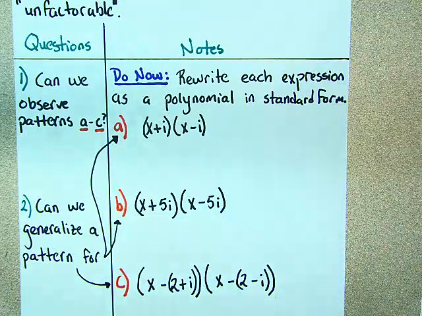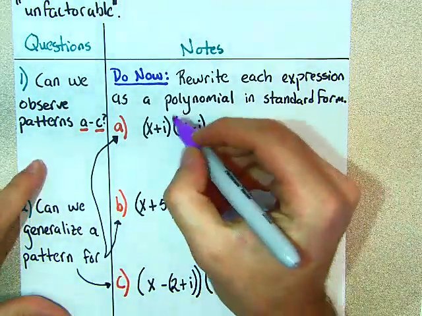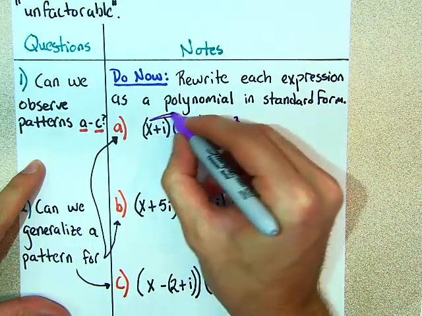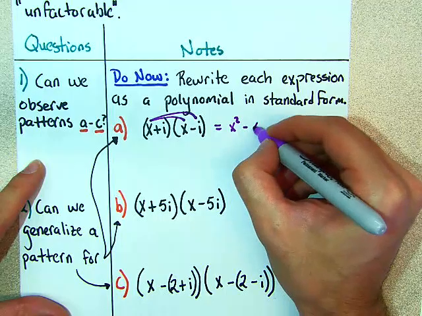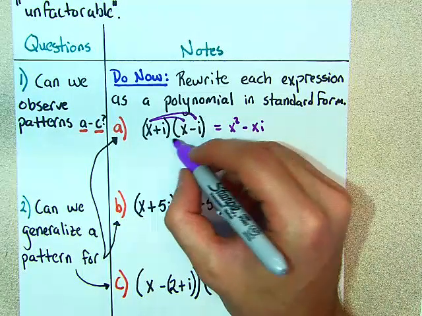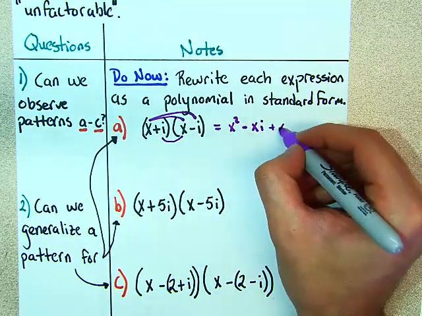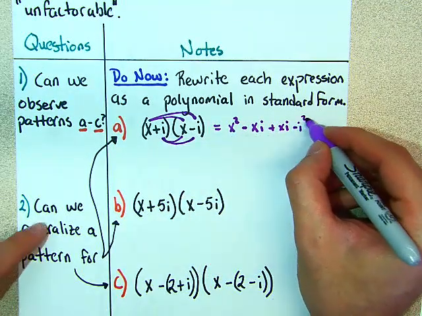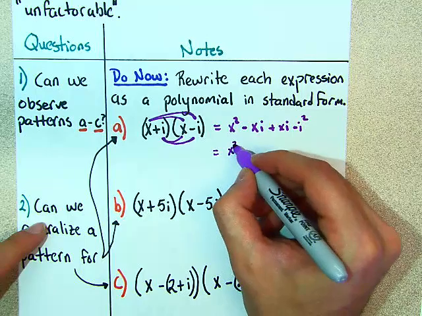All right? Let's say you want to come back to the video here. Let's FOIL this out. x times x is equal to x squared. x times minus i is minus xi. Here, next one, i times x is plus xi. And i times minus i is minus i squared. But then this is just equal to x squared.